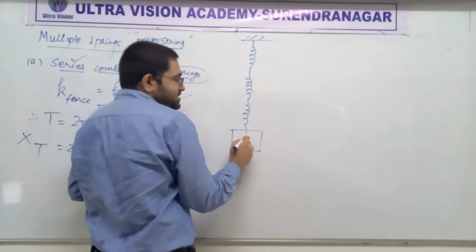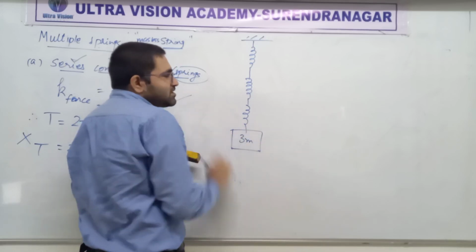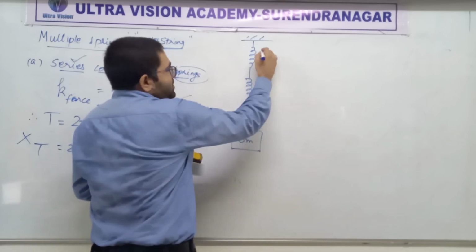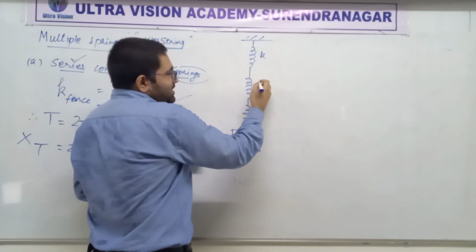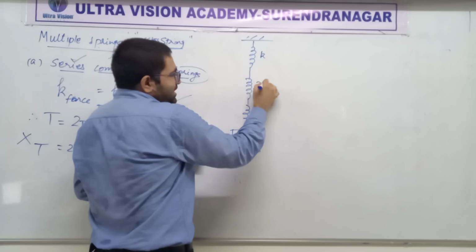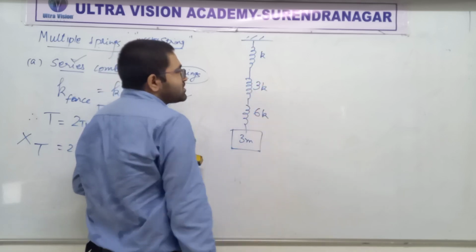Suppose three springs are attached, and a block of mass 3m is here. The first spring has spring constant k, the second spring has spring constant 3k, and the third spring has spring constant 6k.